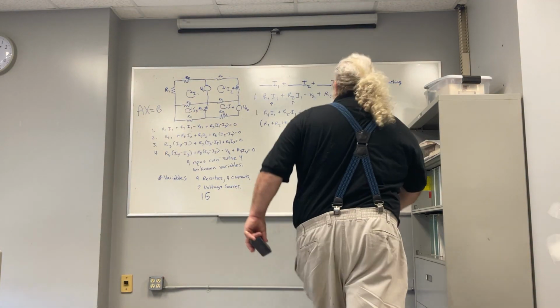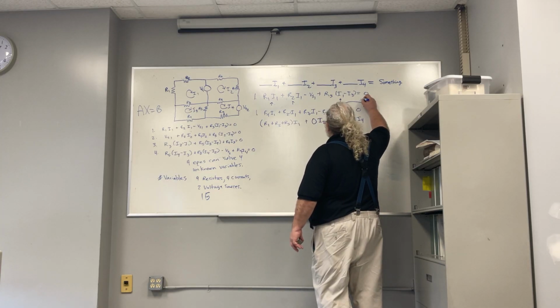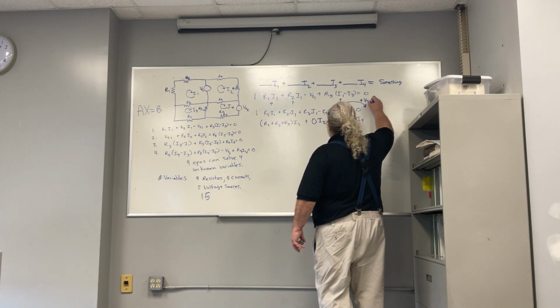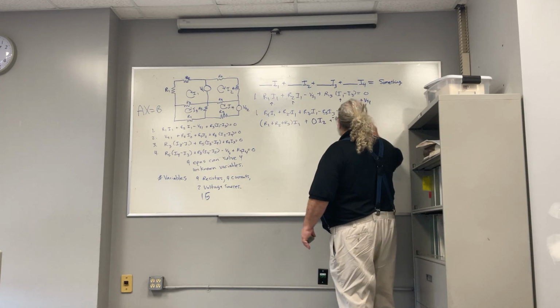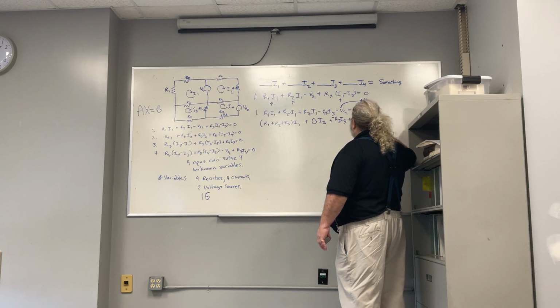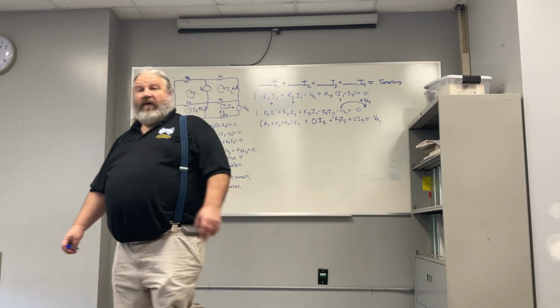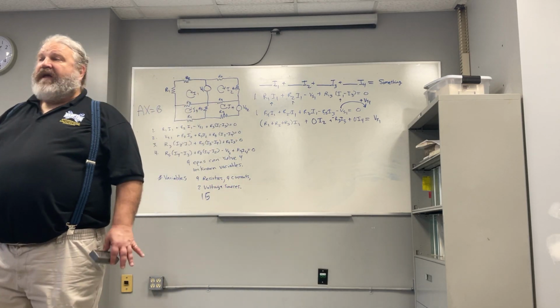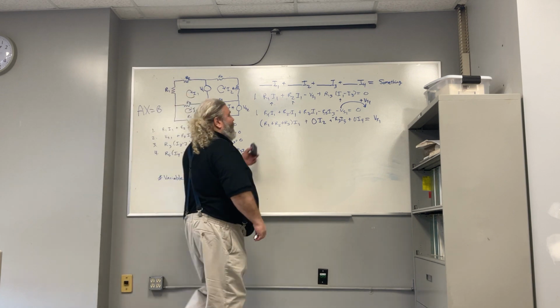Yeah, so I'm going to move it, and it's going to be a plus VS1, right? So this equals VS1, because that's known. It has no variable with it. Okay? Yes? Okay, good. Is this done? No.